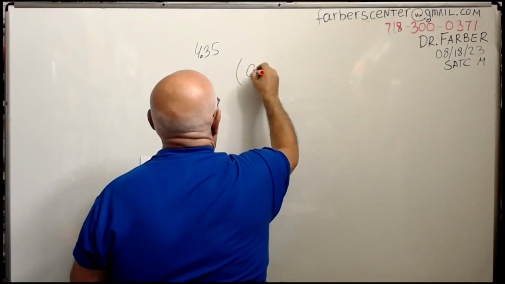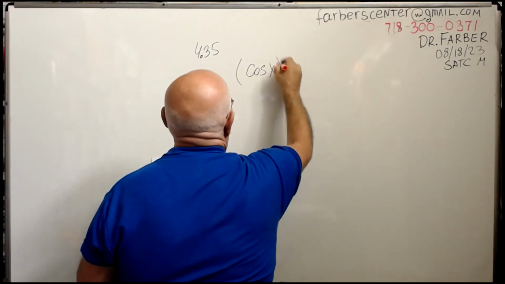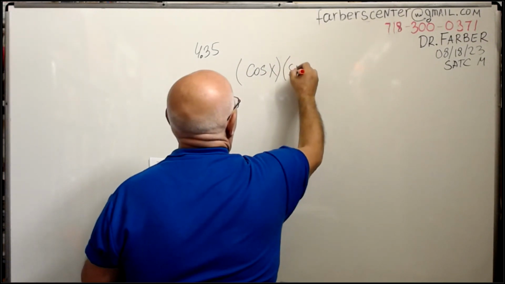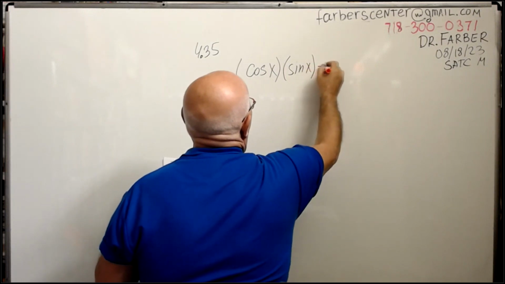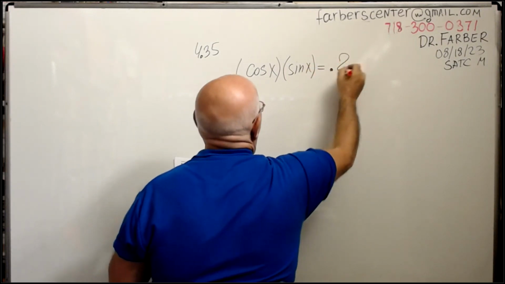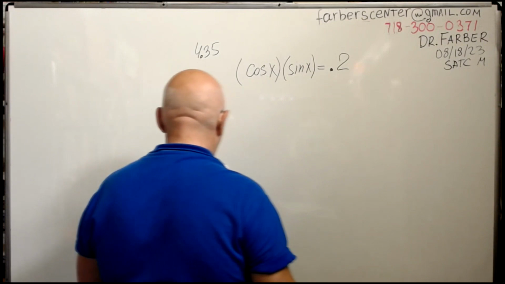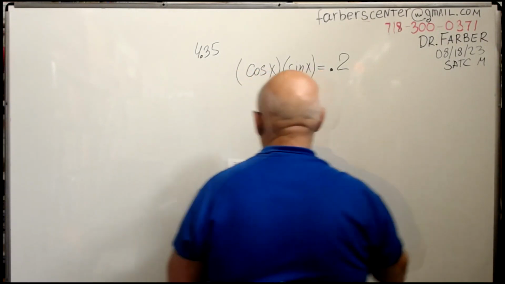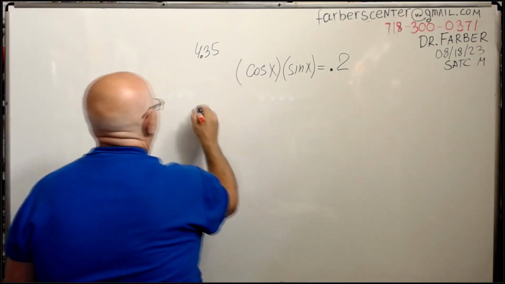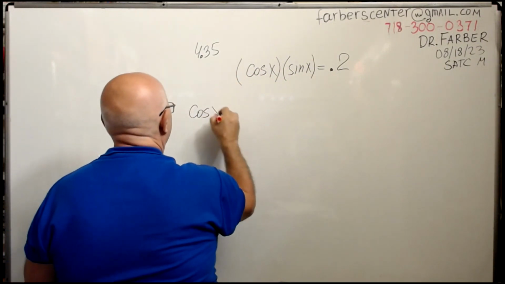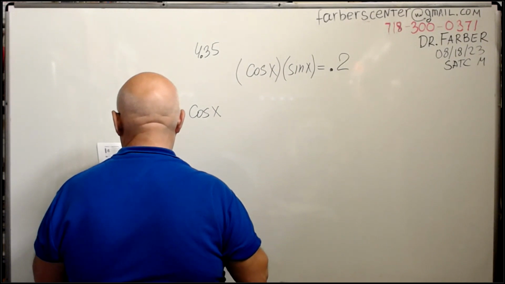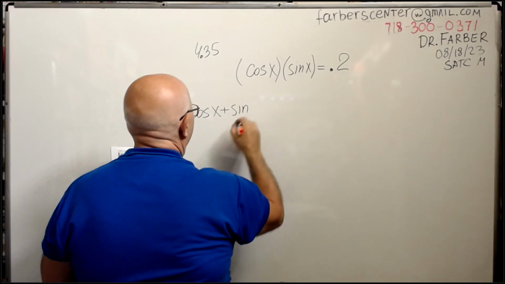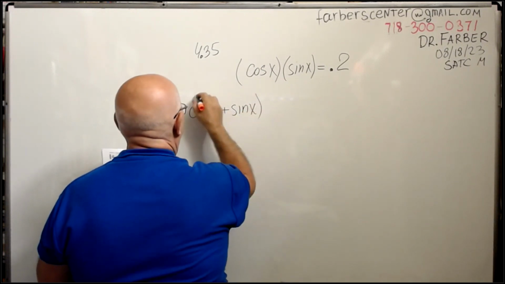The expression cosine of x multiplied by sine of x equals 0.2. What is the value of... They ask you to find cosine of x plus sine of x to the second power.